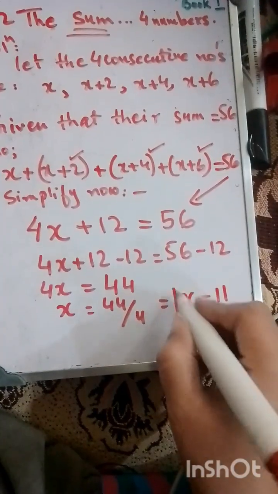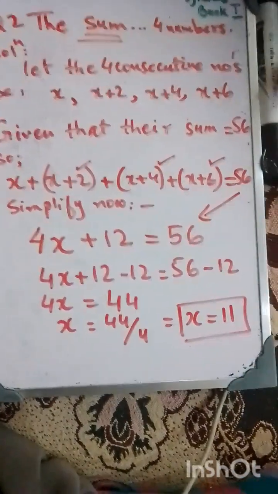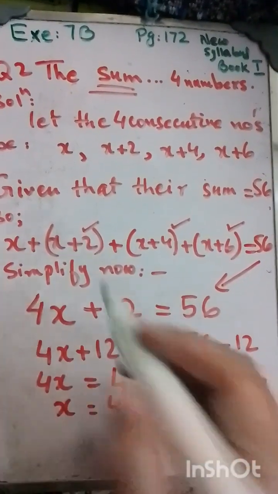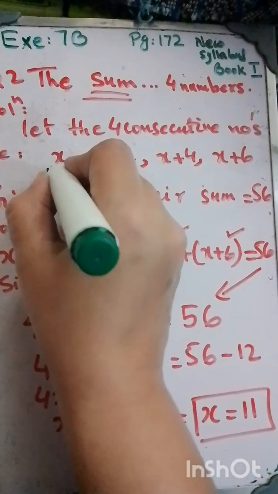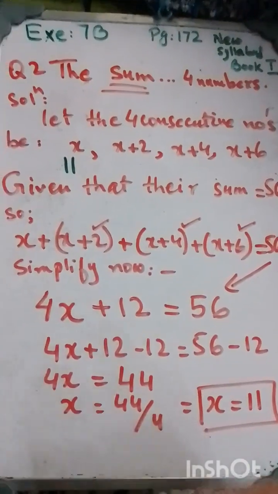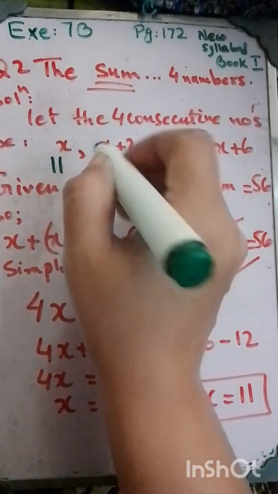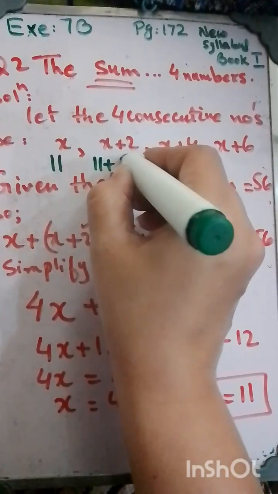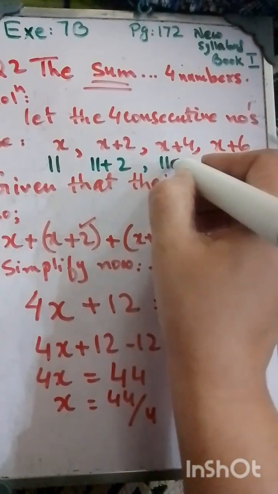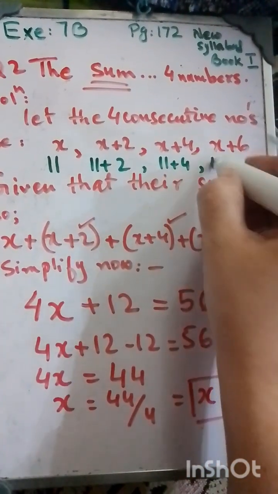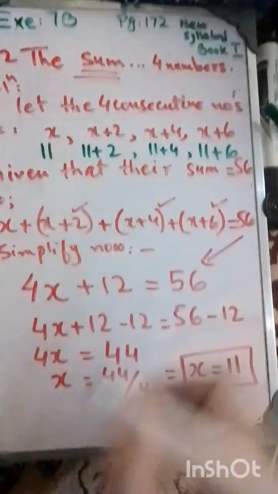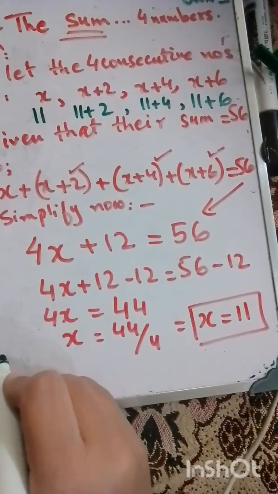So the first number we have obtained is x equals 11. So the second number will be x plus 2, 11 plus 2 is 13, and 11 plus 4 will be 15, 11 plus 6 will be 17.